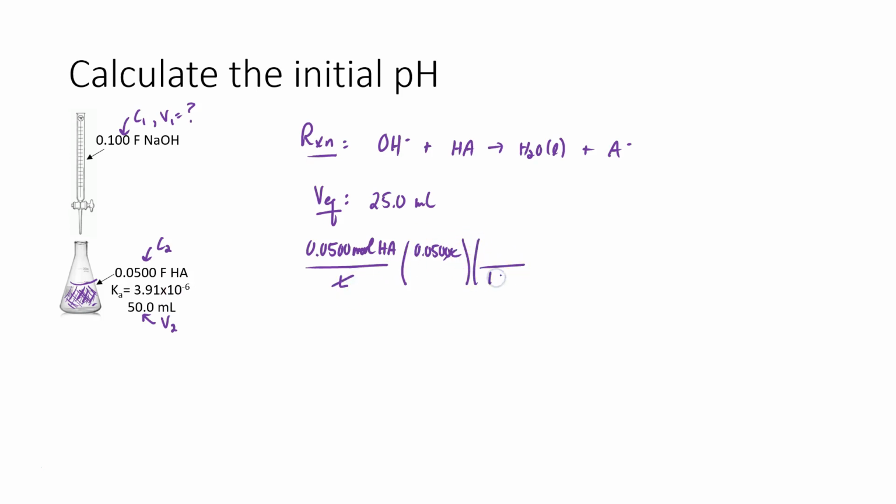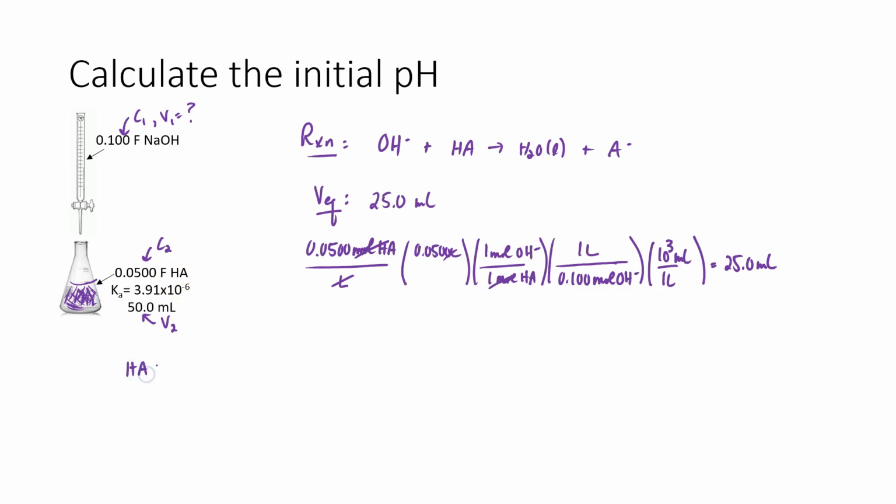We know that for every 1 mole of HA, it'll react with 1 mole of OH-, and we know the concentration of OH-, 0.1 moles of OH- for every liter, and then convert liters into milliliters, and that should also give you 25 mL.